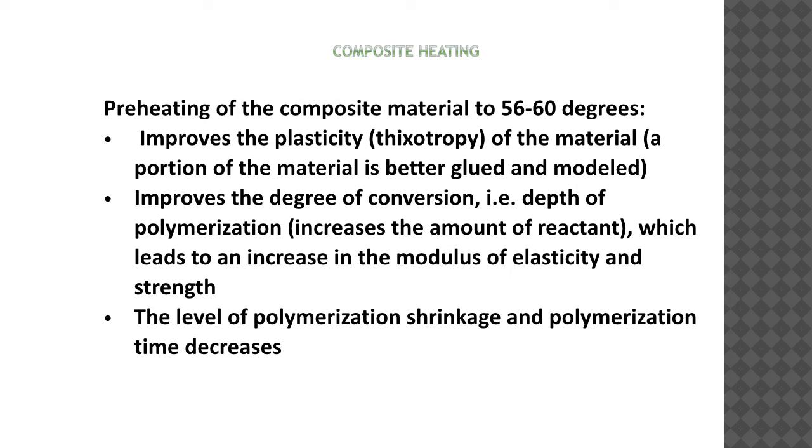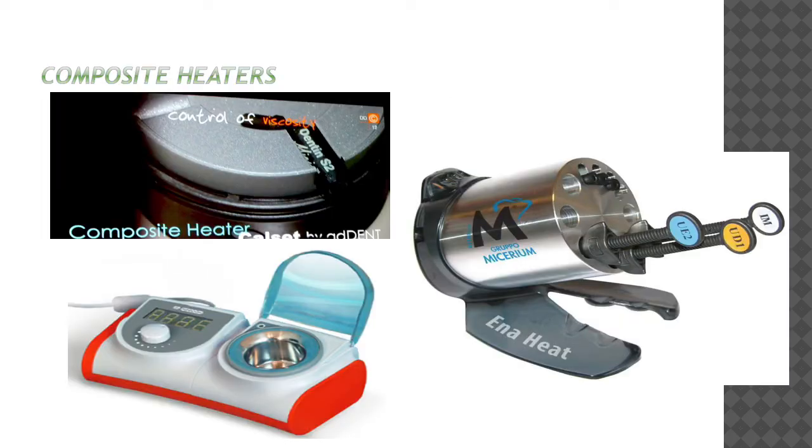It improves the degree of conversion, which means the depth of polymerization is much bigger, which leads to an increase in the modulus of elasticity and strength, and the level of polymerization shrinkage and polymerization time decreases, which can help us with the restoration of dentin. On this slide, you can see different types of composite heaters used for preheating composite material.